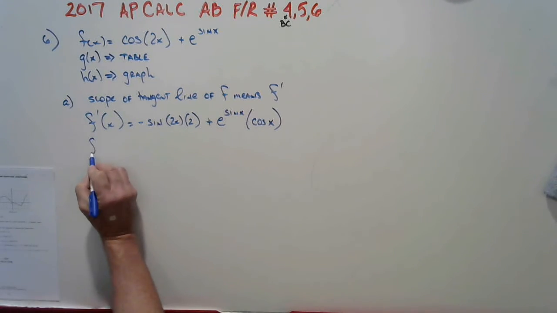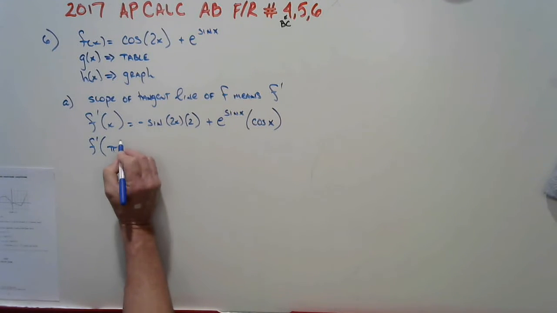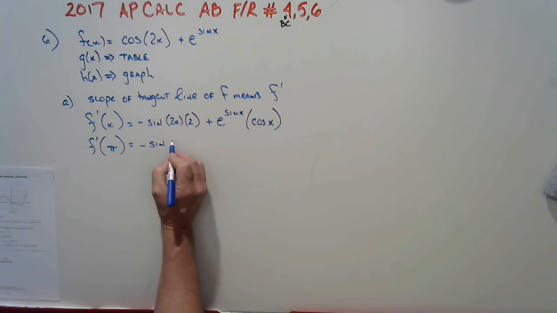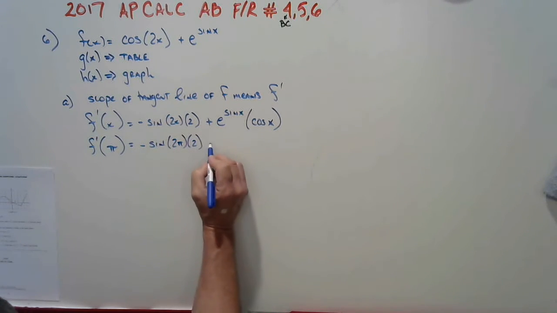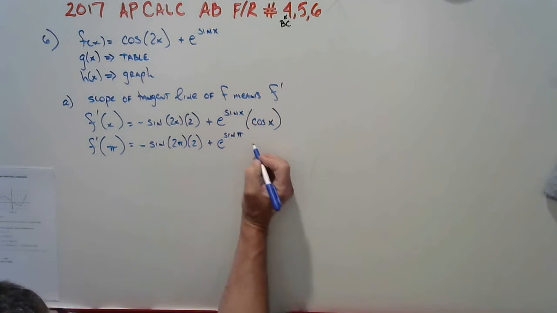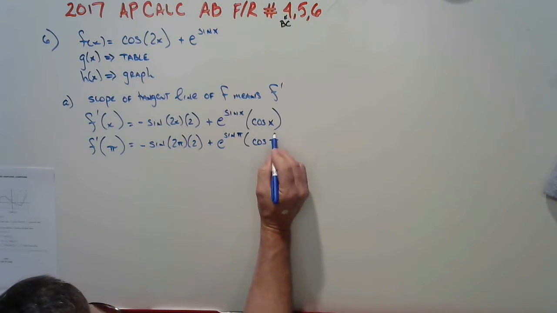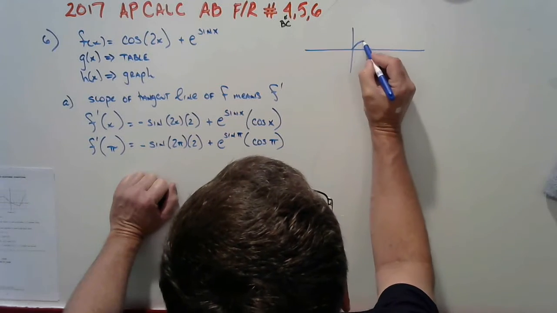Now they want us to find f prime at pi. Well, that's nice. So this is minus the sine of 2 pi times 2 plus e to the sine of pi times the cosine of pi, right? And if we draw a quick graph, just to remind everybody, sine goes like this.